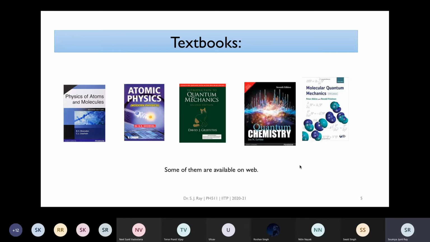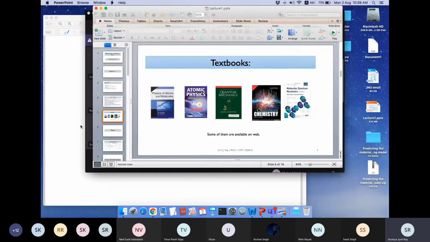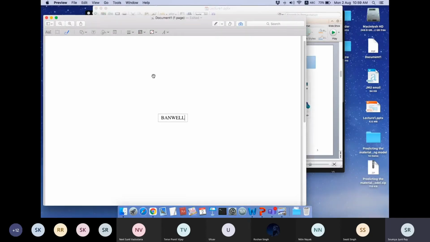It covers lots of interesting aspects of molecular spectra, with lots of useful examples. So you can also consult that book. I'll just write it down here. So this is the name of the book.